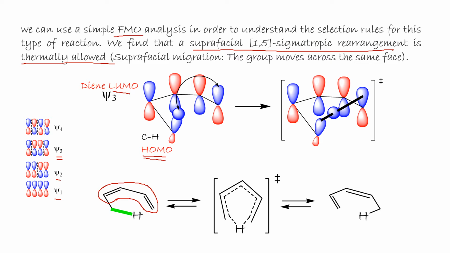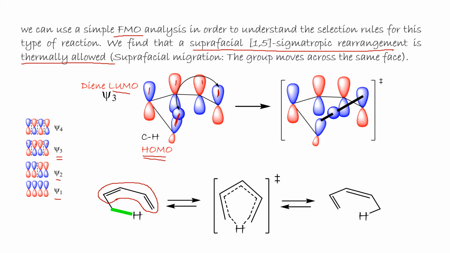Notice that for the LUMO we have faces blue, and then red, and then blue. We have here the sigma bond, and it's blue, so the adjacent carbons will have blue, then red, and then blue. Again, these two faces are the same, right?